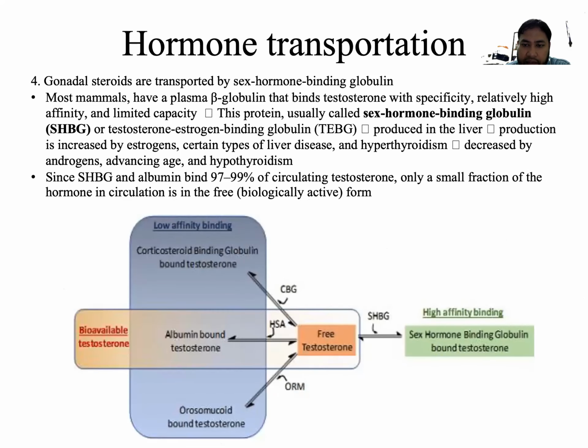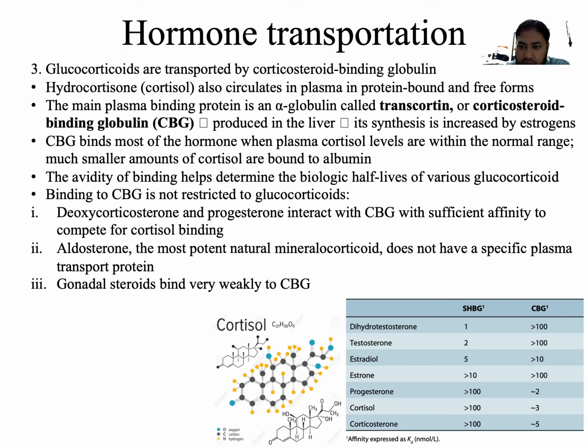SHBG is the sex hormone binding globulin, and CBG is the corticosteroid binding globulin. You can see the type of hormone that they carry or transport.